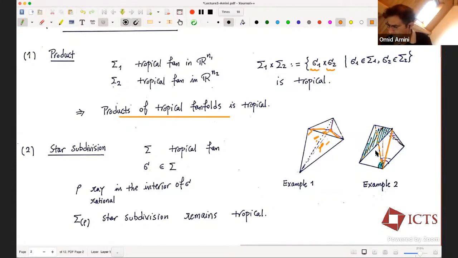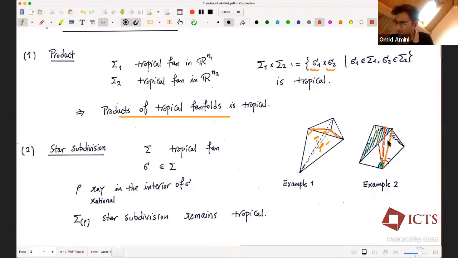This is a three-dimensional cone here. This is the other three-dimensional cone, and they share this two-dimensional cone. So now you pick a ray in this two-dimensional cone, completely inside the two-dimensional cone.